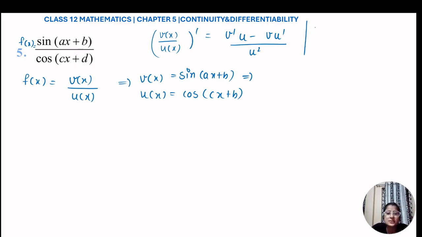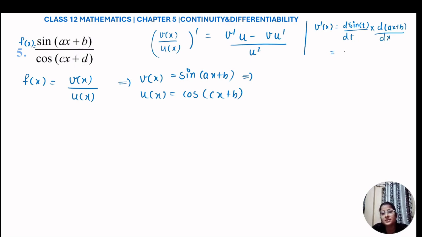So for the derivative v dash of x, we have to find the derivative of sine(ax plus b). Our outer function is sine, so we differentiate sine. We always take the outer function in terms of t, sine t, then differentiate the inner function, where t is nothing but ax plus b, with respect to dx.